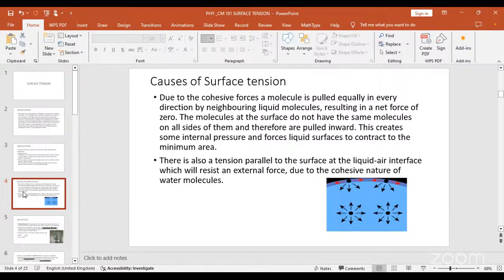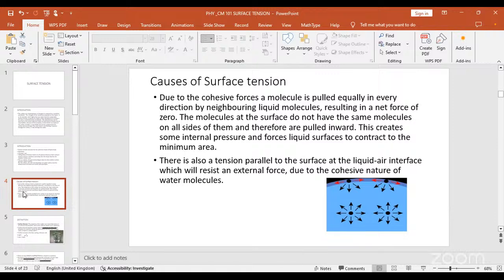Causes of surface tension. Now, that is what we want to look at. There is what we call this attraction between molecules in a liquid.